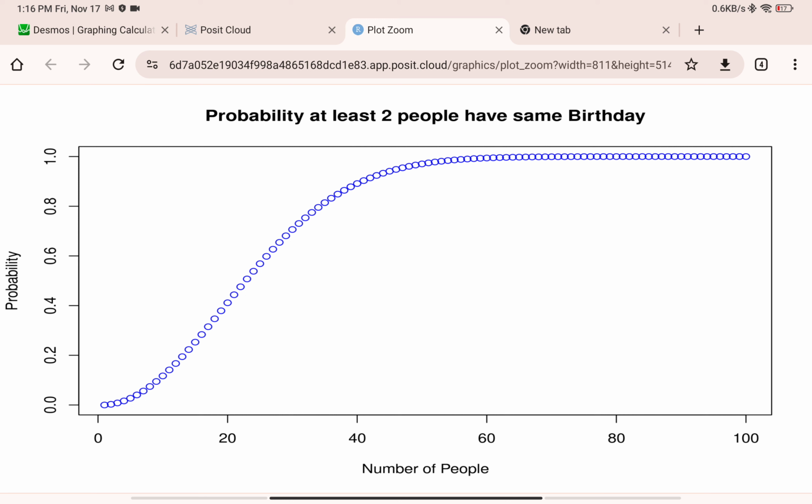Sorry, I don't know why there is a problem. Yeah, now it is taking the screenshot properly. So let me save this out.